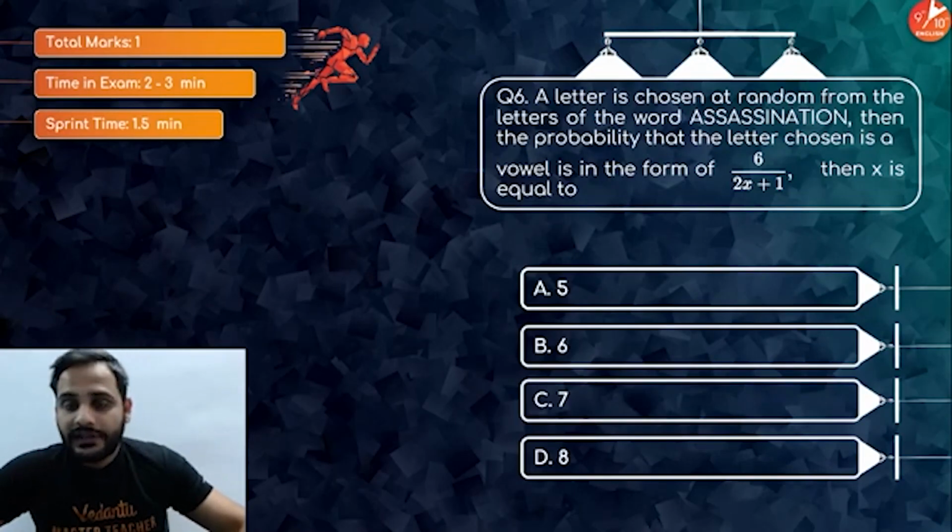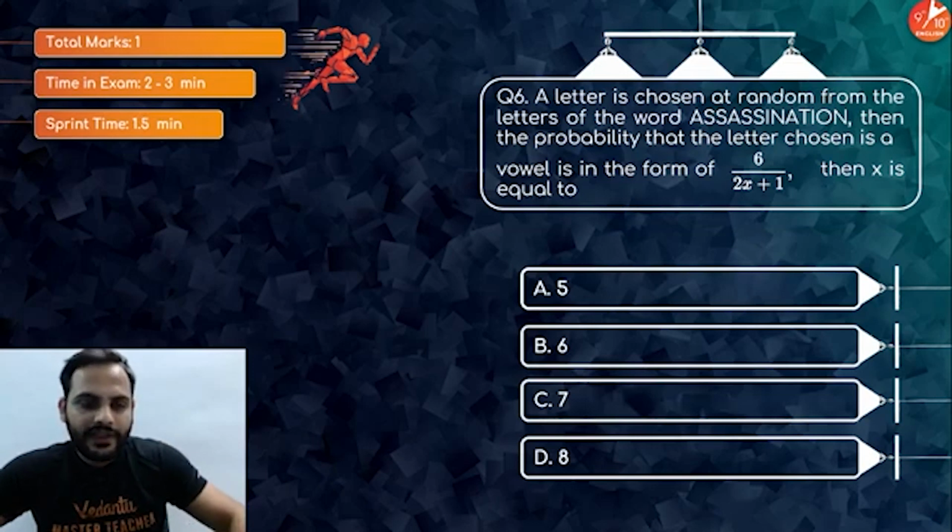Next question, guys. A letter is chosen at random from the letters of the word 'assassination'. Then the probability that the letter chosen is a vowel is in the form of 6 upon 2x plus 1. Then x is equal to what? So look, in this word assassination, how many letters are there?